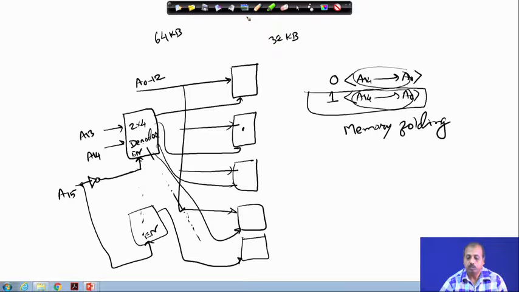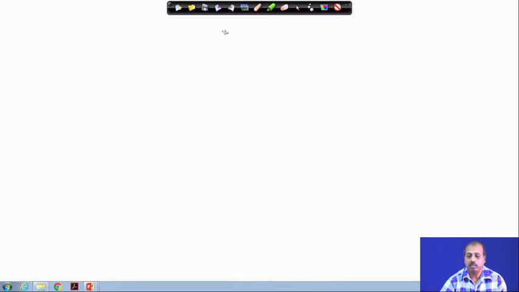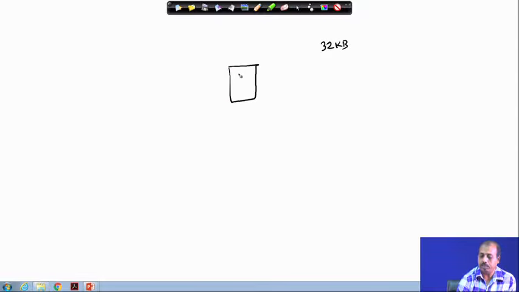Okay. So, another possibility is that the data lines of the memory chips may not be sufficient. For example, maybe I require a memory capacity of 32 kilobyte, but the individual chips that I have are 8 kilobyte, that is, 8 kilo locations, but the individual locations are 4 bits wide.